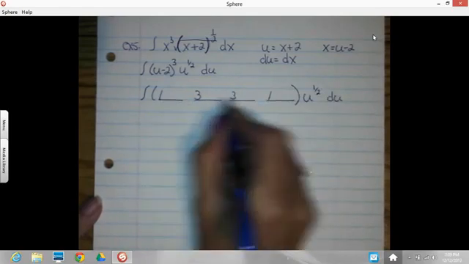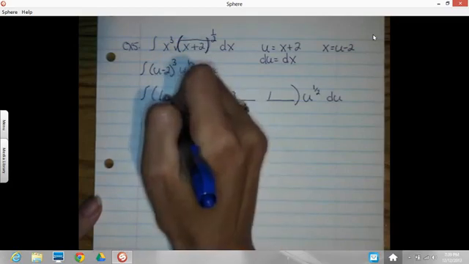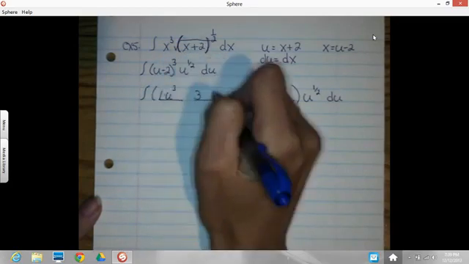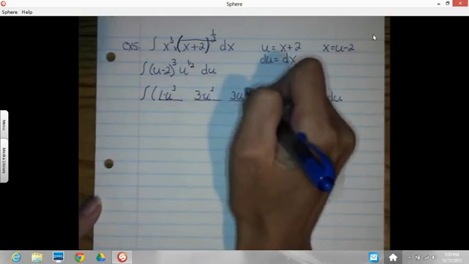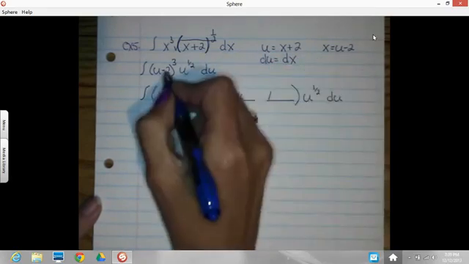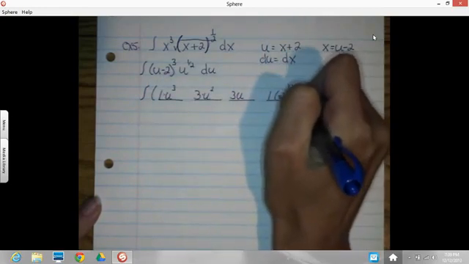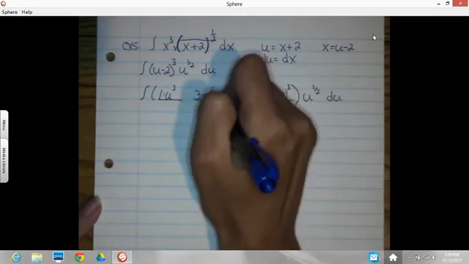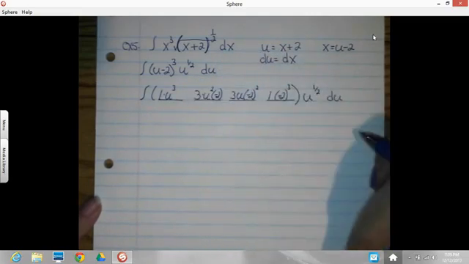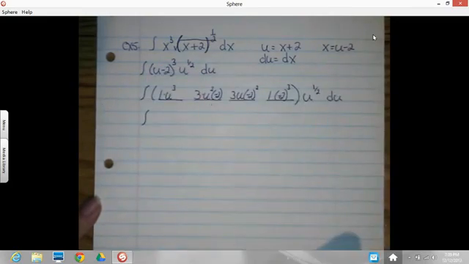Now I come in. u cubed, u squared, u to the first, u to the 0. Now it's a negative 2. Negative 2 cubed, negative 2 squared, negative 2 to the first. And that's it. So carry along the integral because we haven't integrated yet. I'll have u cubed.